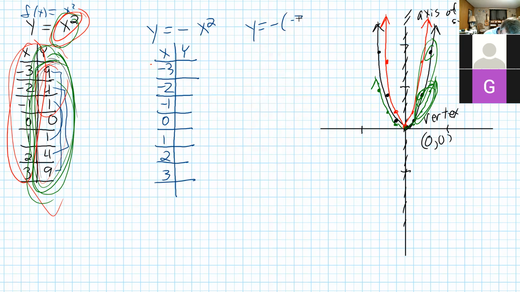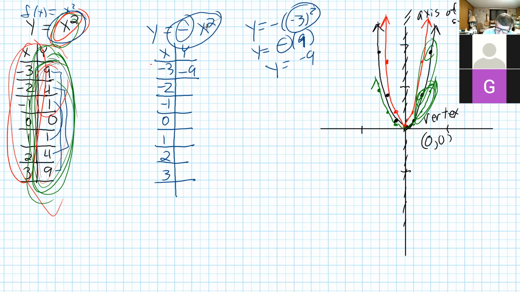Y equals negative times -3 squared. Y equals -9, right? In other words, you would take the x and square it and then apply the negative sign, okay? So this is just like that, but there's a negative sign after you square it.